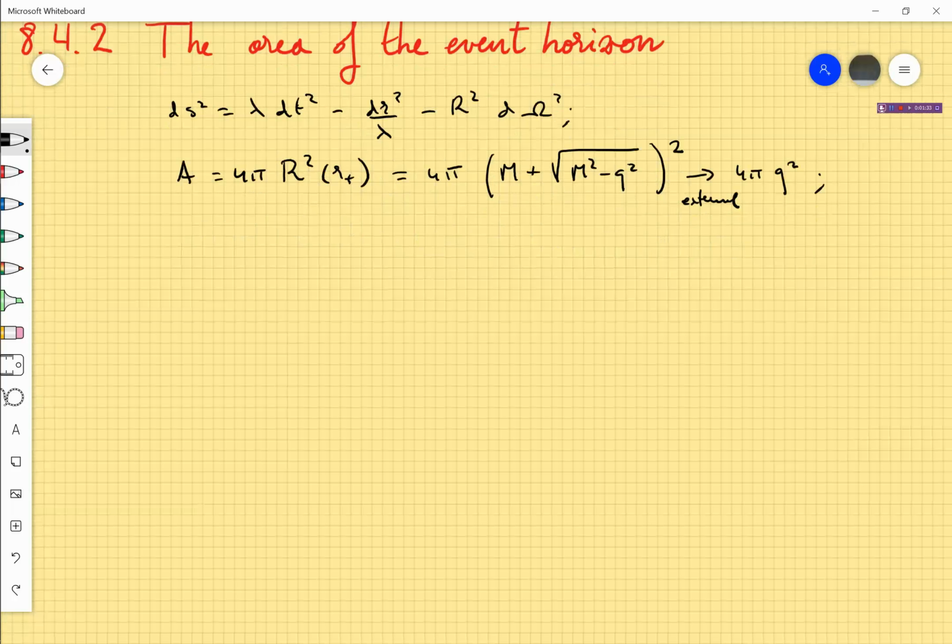In the Papapetrou-Majumdar case, the horizon is not one piece. It is divided in several pieces, each around each black hole. So you have to compute the values. You have to take the extremal limit first, the limit in which you approach the horizon of each black hole.